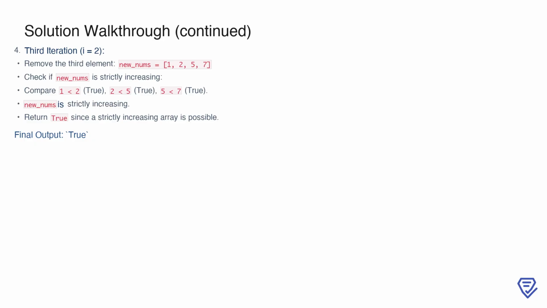Using isStrictlyIncreasing, we compare consecutive elements. First, 1 is less than 2, which is true. Next, 2 is less than 5, and 5 is less than 7. All comparisons succeed, meaning this array is strictly increasing. Since we have found a way to make the array strictly increasing by removing just one element, we return true as the output for this example.